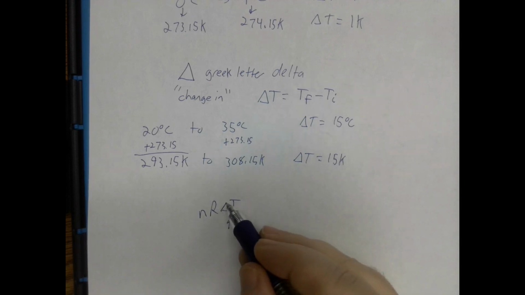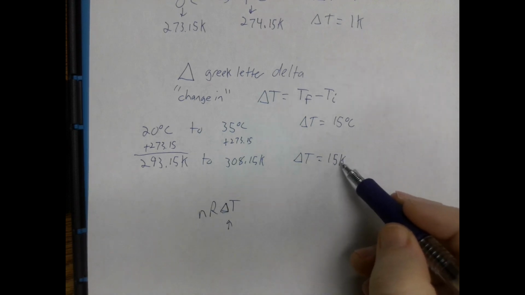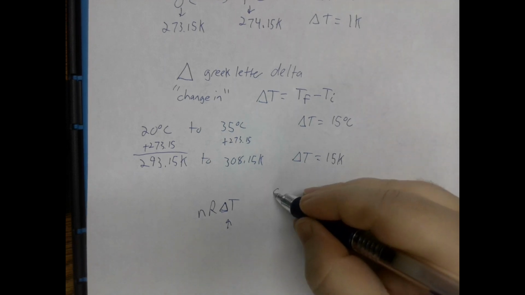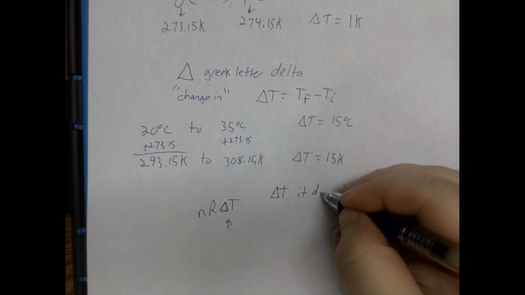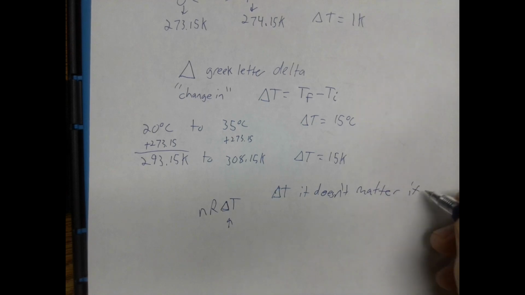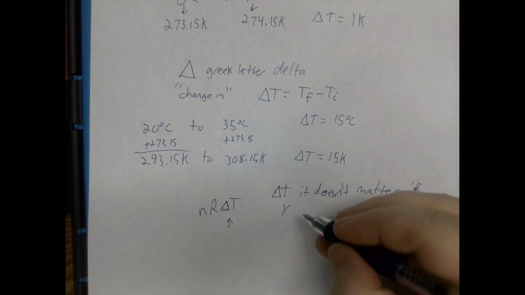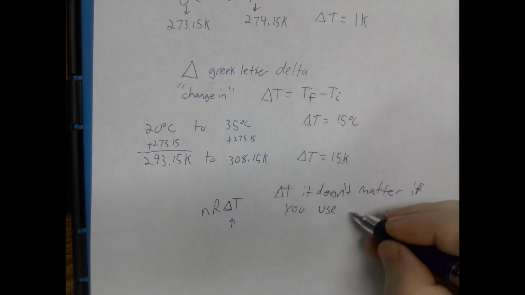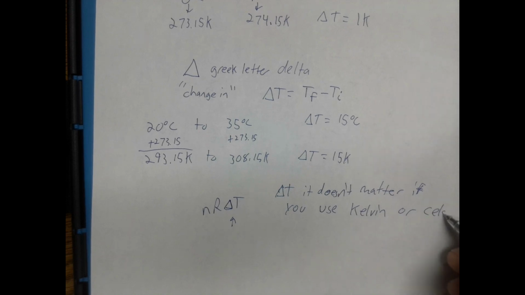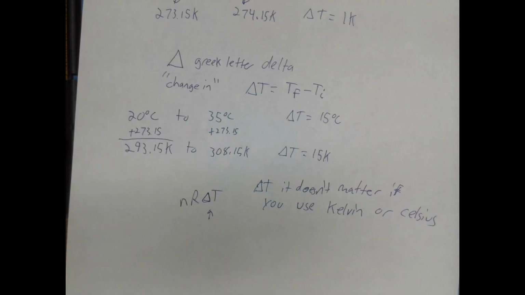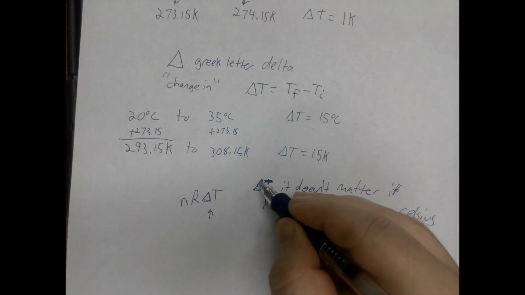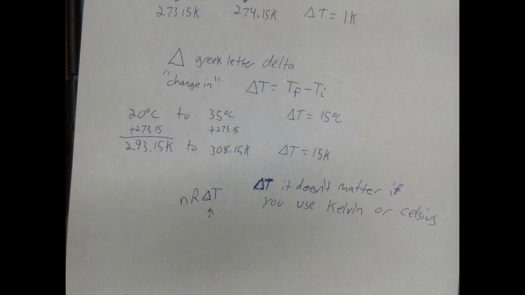So anywhere we have a change in temperature, it won't matter if we're in Kelvin or degrees Celsius. So if you're finding delta T, it does not matter if you use Kelvin or Celsius.